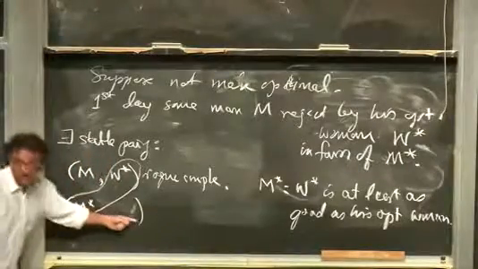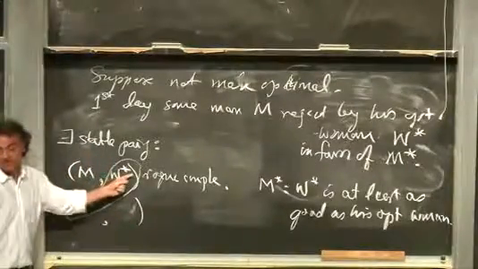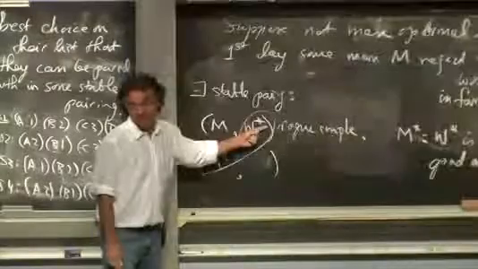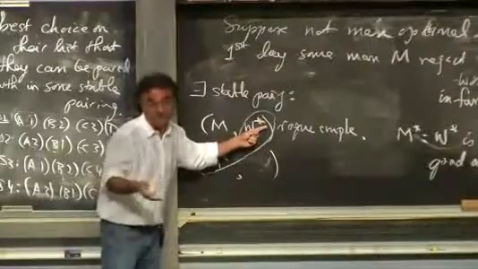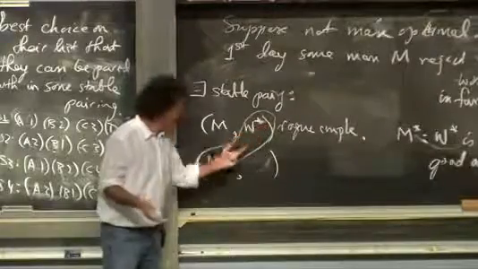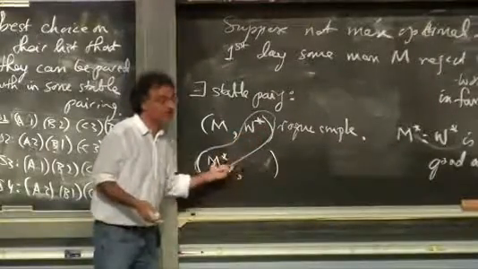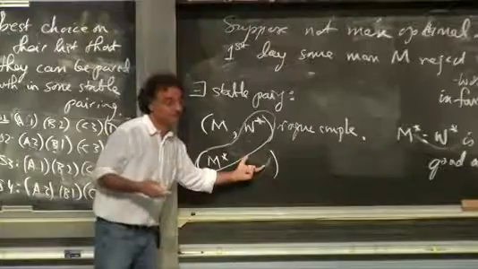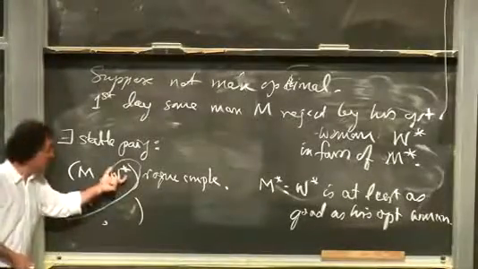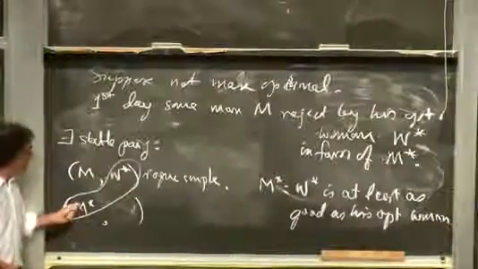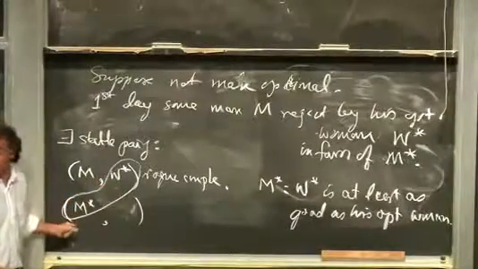It means whoever he's paired with, he prefers to be with W star. You can't have anybody better than optimal. He can't possibly be in a stable pairing with somebody better than his optimal. So whoever he's with, he prefers W star. We already said W star prefers M star. So that's a rogue couple. Contradiction.